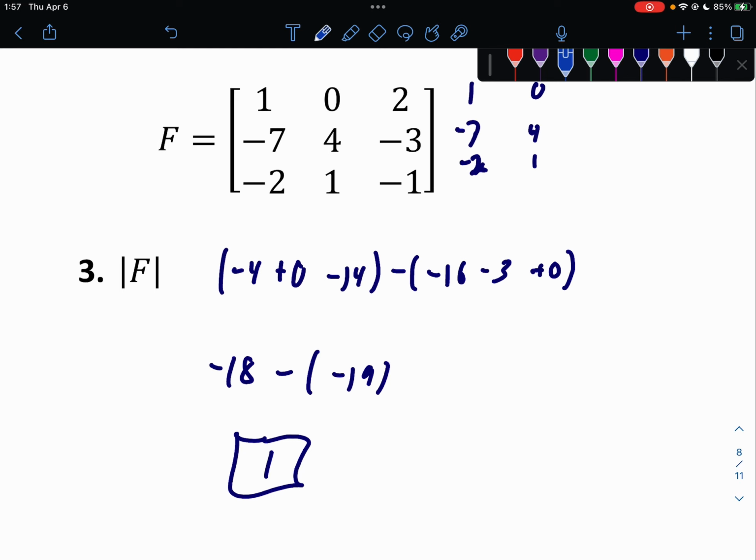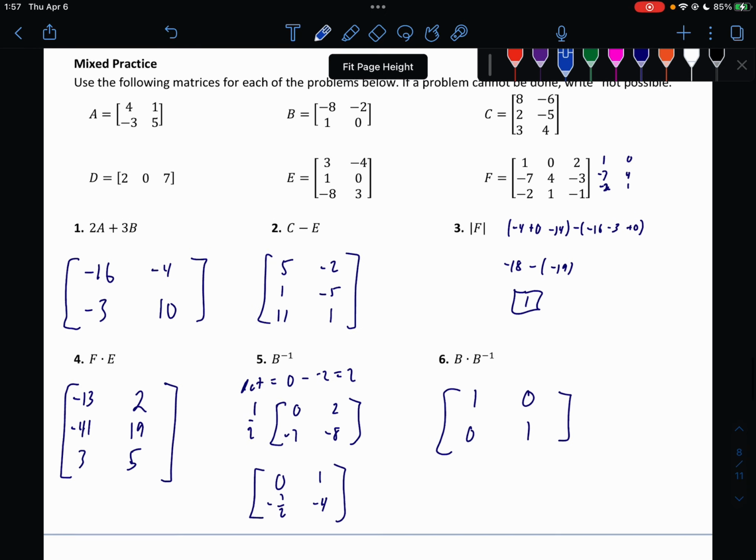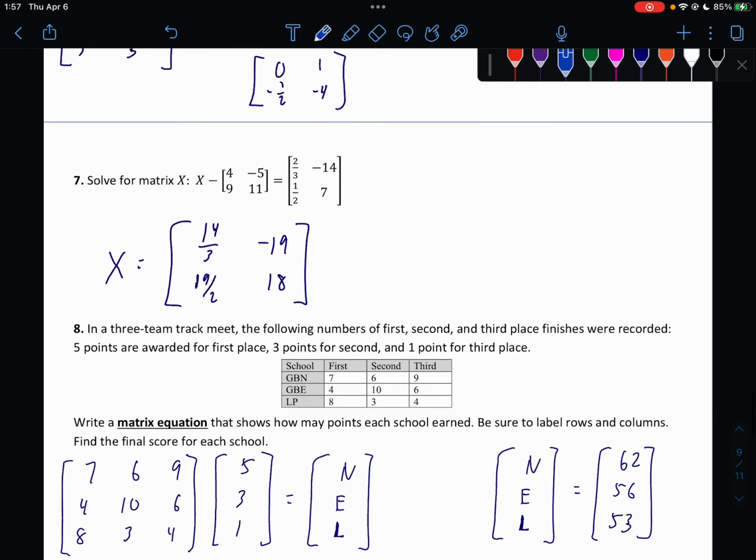If you're trying to find the determinant of this, you just got to be careful with multiplication and addition. I want to really zoom in on that so you can see that there. Okay. But now let's go on to the next page.